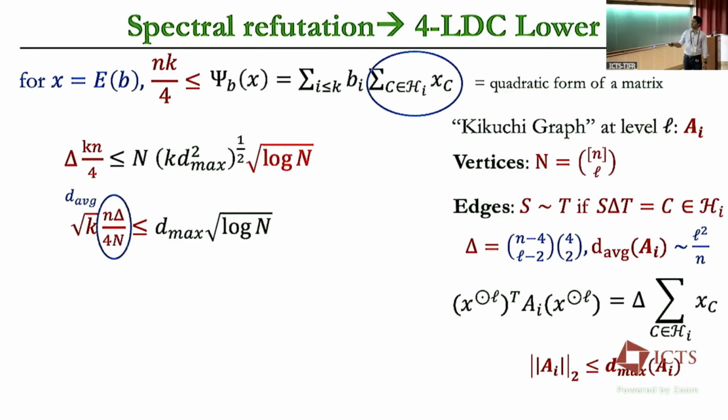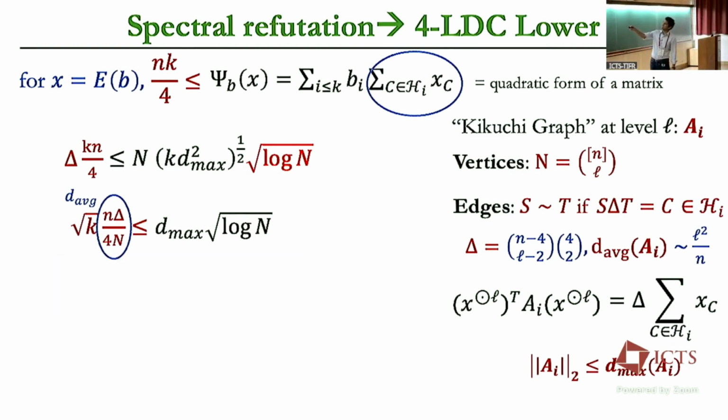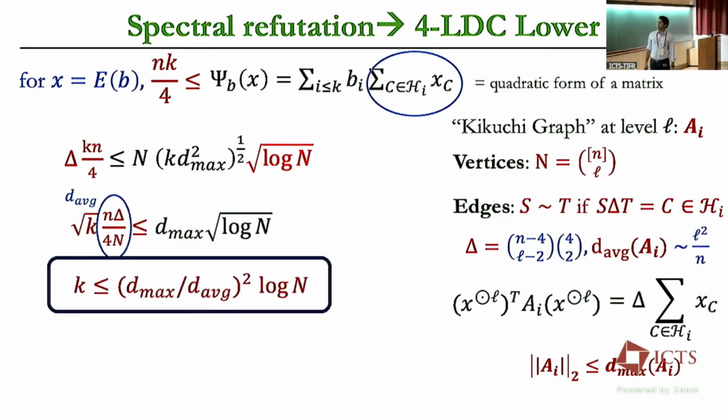It's n over 4 times delta, the total number of edges divided by the number of vertices. That's the average. So we basically have that d average times root k is at most d max times root log n. I just rearrange and square both sides to get k is at most d max over d average, squared, times log n. You're all good with this?